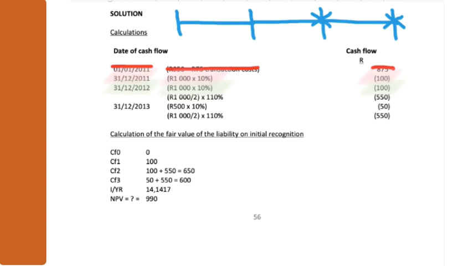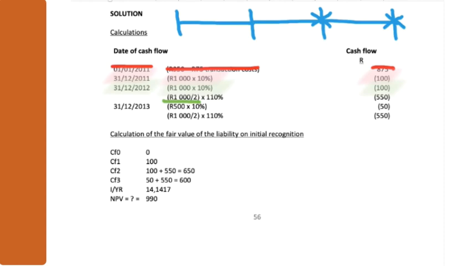100 Rand issued, 100 Rand interest that the investor will earn, that the issuer will need to pay. If we look at the end of the 2012 year, we have our first maturity payment. The nominal value, half of it, matures because we repay this debenture in 2 equal installments. So half of the nominal value will be repaid now. Does it get repaid at nominal value?